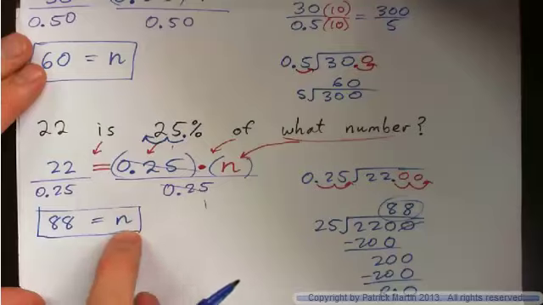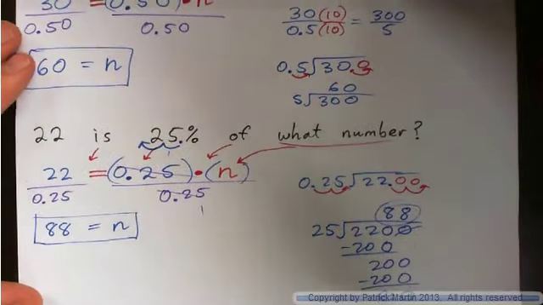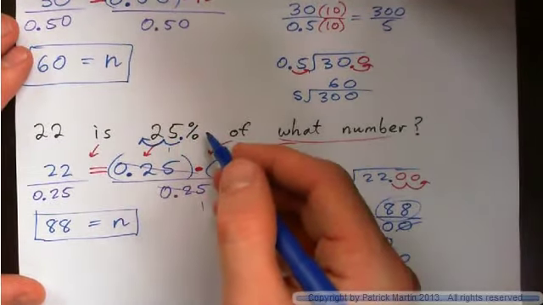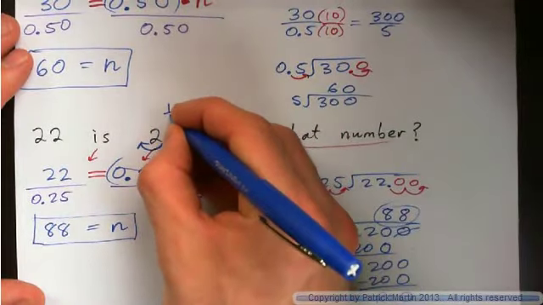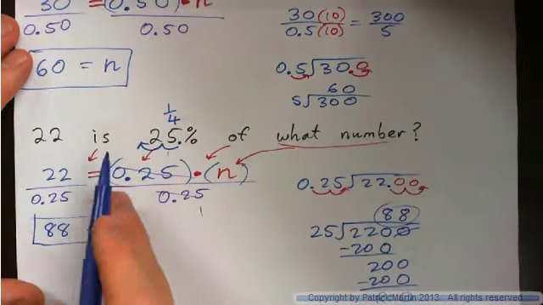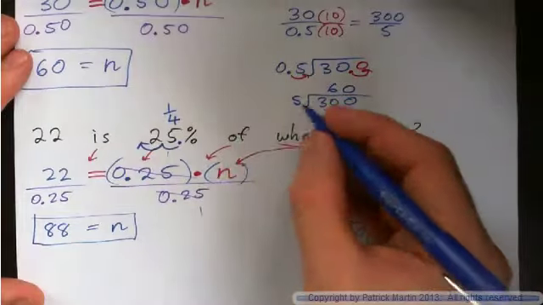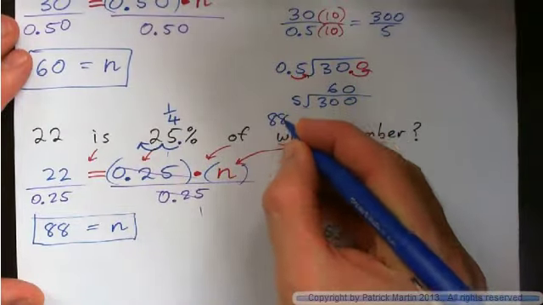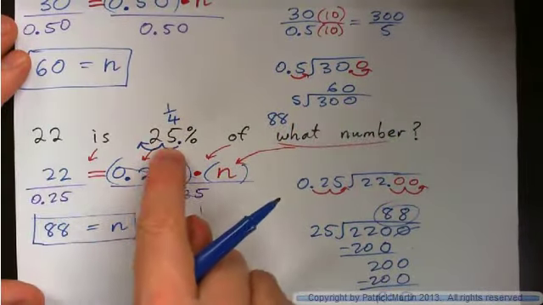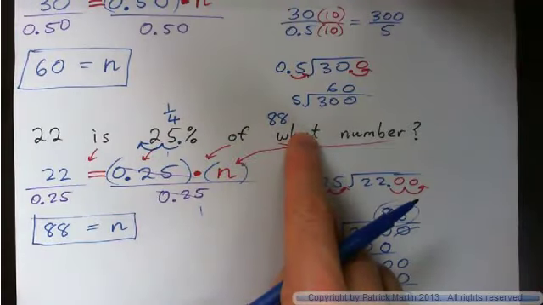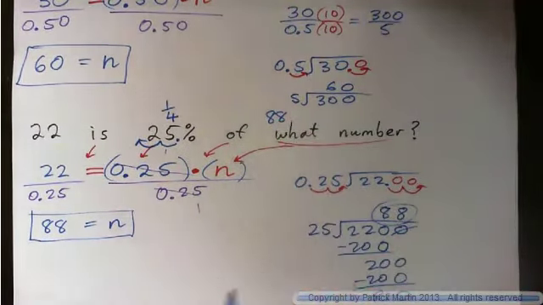So the number is 88. And so what I've said is 25% of something, you might remember that's actually 1/4. 22 is 1/4 of 88. Does that make sense? If you take 88 and divide it by 4, you get 22, right?